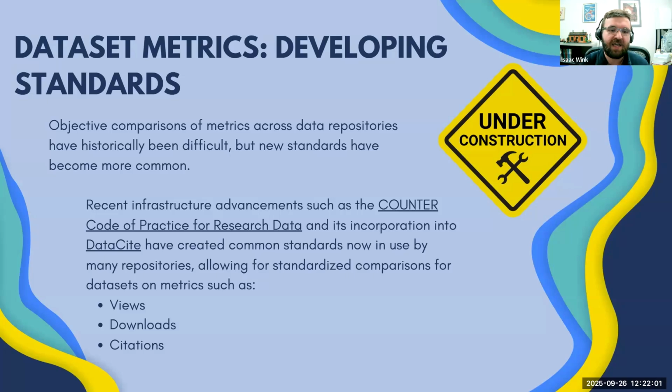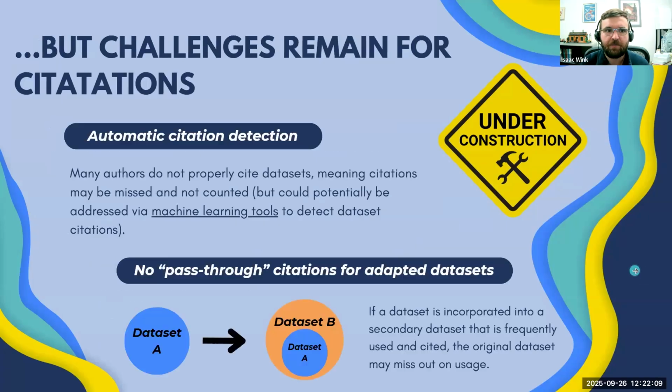The most common metrics that get used there are views, downloads, and citations, but there are some additional issues with citations in particular as well. Those challenges for citations are twofold. The first of those is that a number of repositories purport to automatically harvest citations of a data set for authors and automatically link those onto the data set so that authors themselves don't need to do any work for putting out alerts or notifications to see if their data set is getting cited.